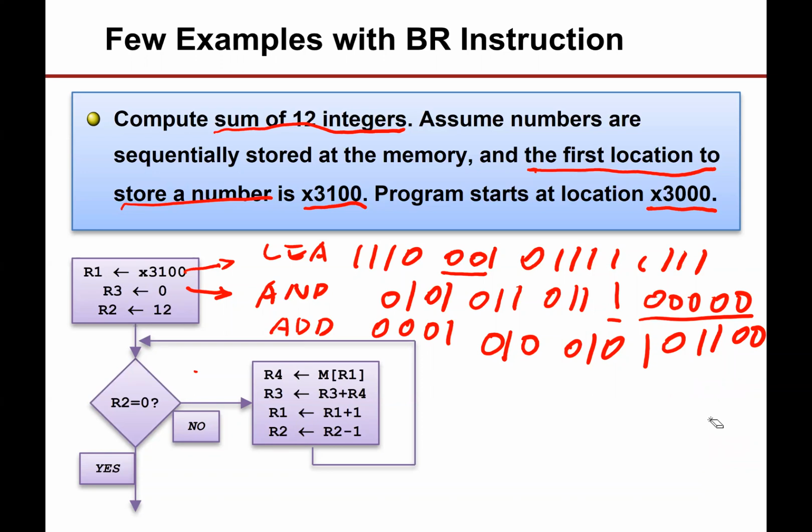So the second block is what? The second block is the condition R2 equals 0, right? How to set this one? We have the conditional branch instruction BR. So BR is first 0, 0, 0, and then this is R2.